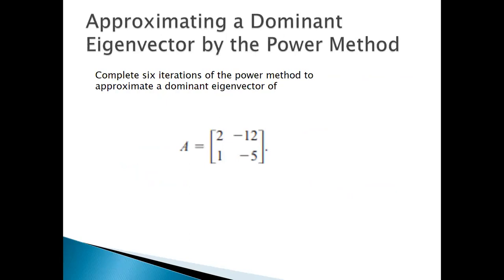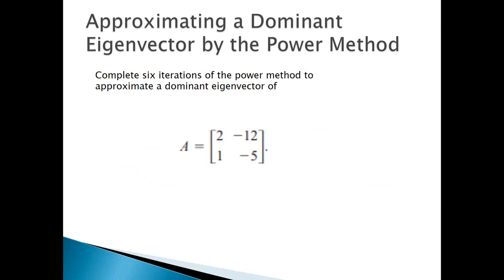Now we will go to a simple illustrative example. Perform an approximation for a given dominant eigenvector of a square matrix which has two rows and two columns. Solve using the power method.